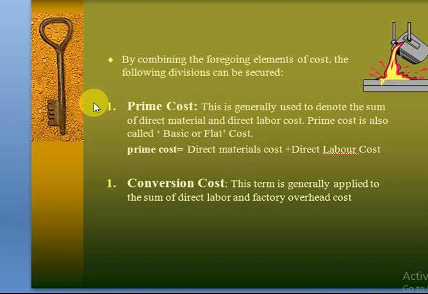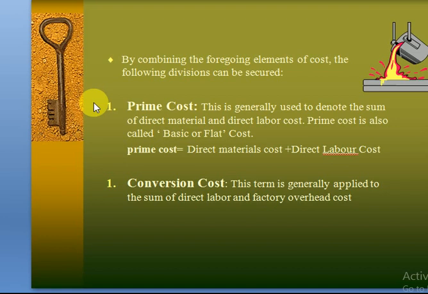Overhead is also a cost component. So overhead costs are those expenses or costs used to produce the products, and they can't be attributed directly to a production process.